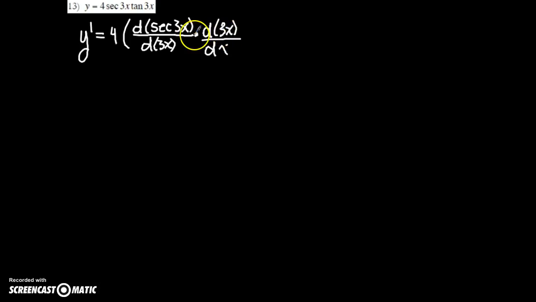Okay, so that's the derivative of the first, times the second, which is tangent 3x, plus the first, which is secant, times the derivative of the second.